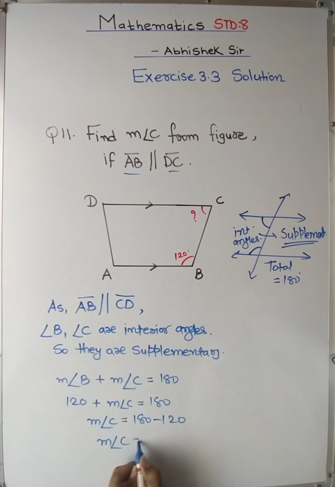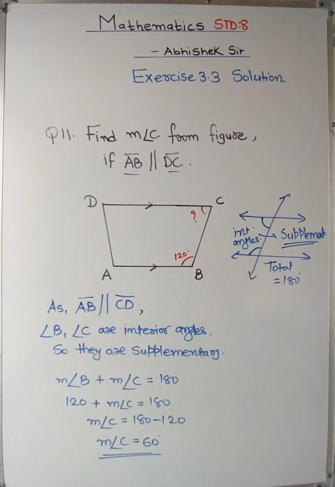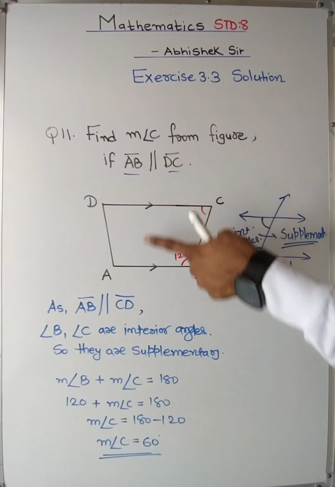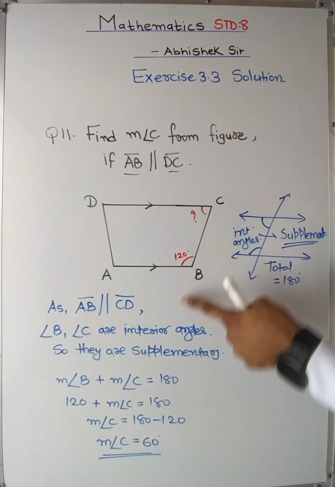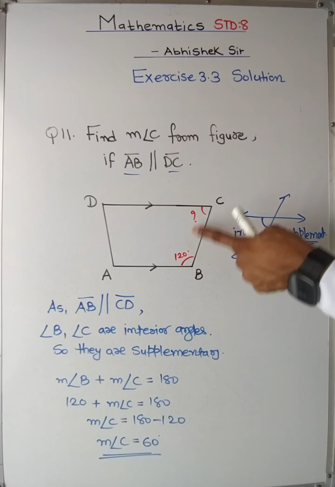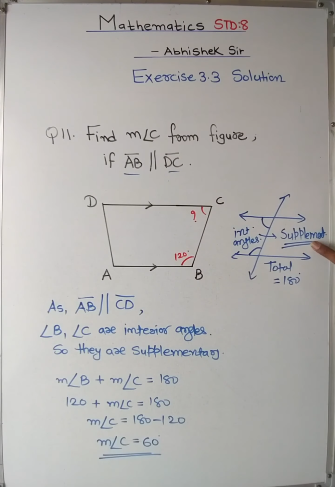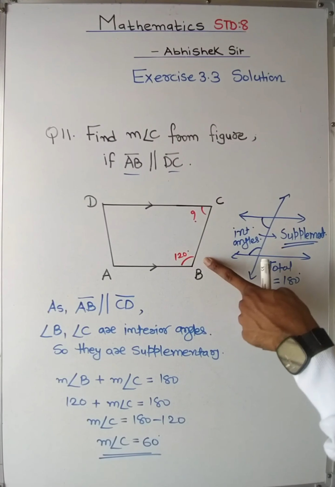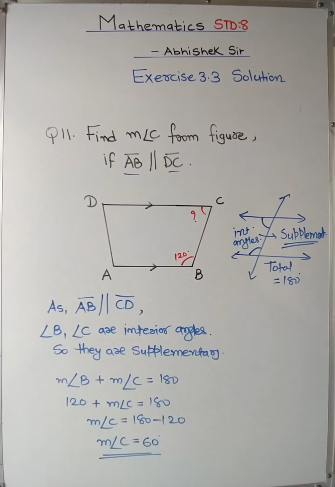So measure angle C will be 60 degrees. So a very easy solution. We have used the property of interior angles: if two lines are parallel and we have one transversal, the consecutive interior angles will be supplementary. So one angle is given, find out the other one.